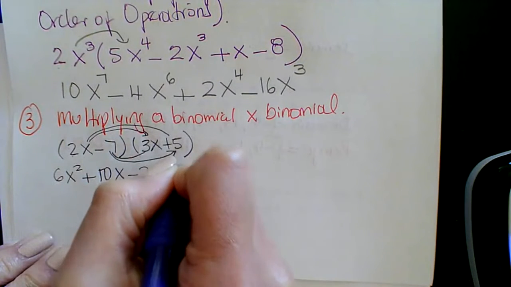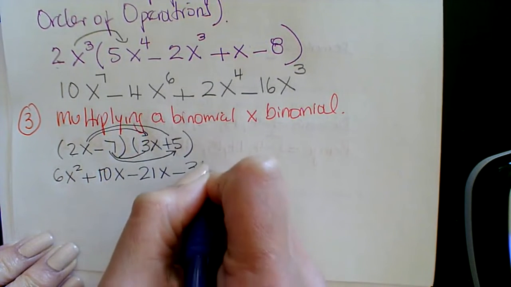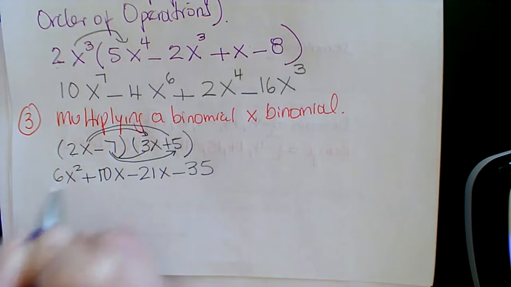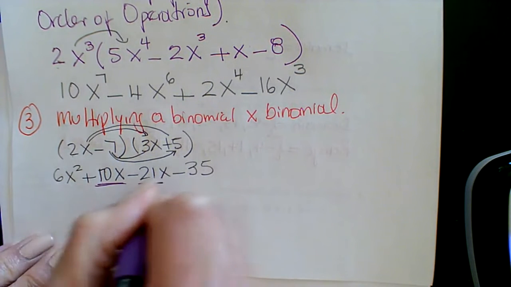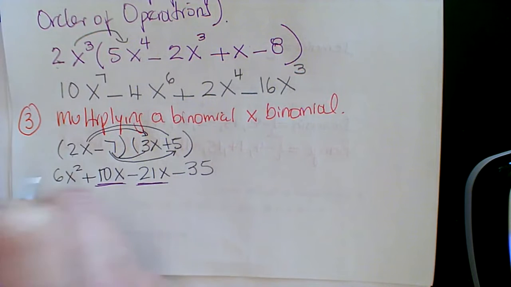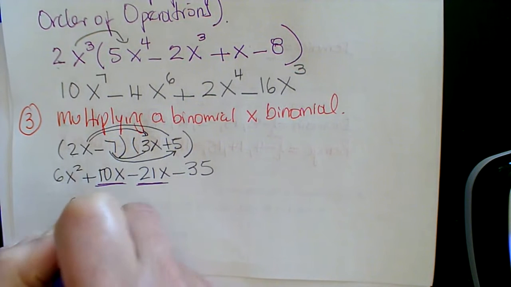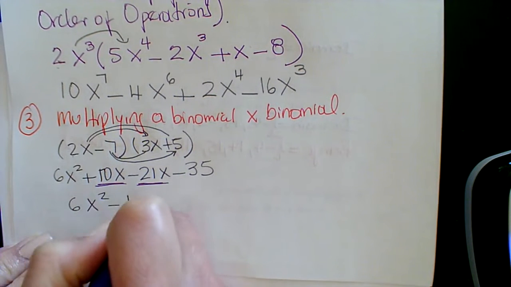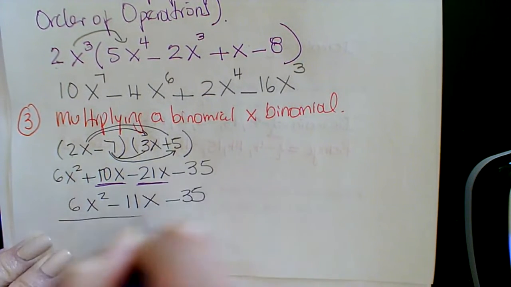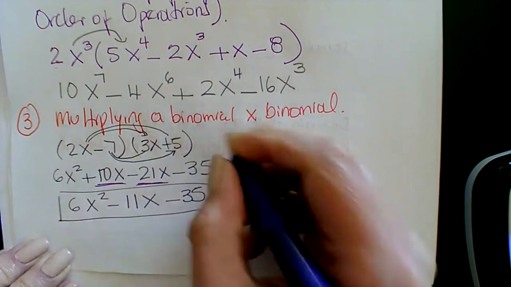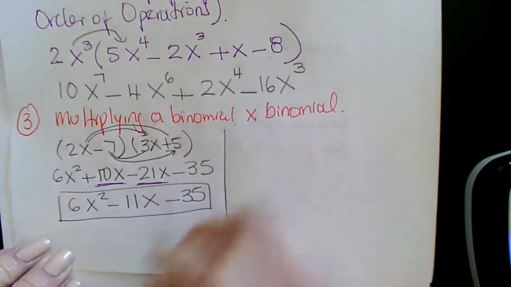Negative 7 times 5 is negative 35. Now I'm going to combine the like terms. In this case, it's these two terms, 6x squared minus 11x minus 35. And this should be my answer.